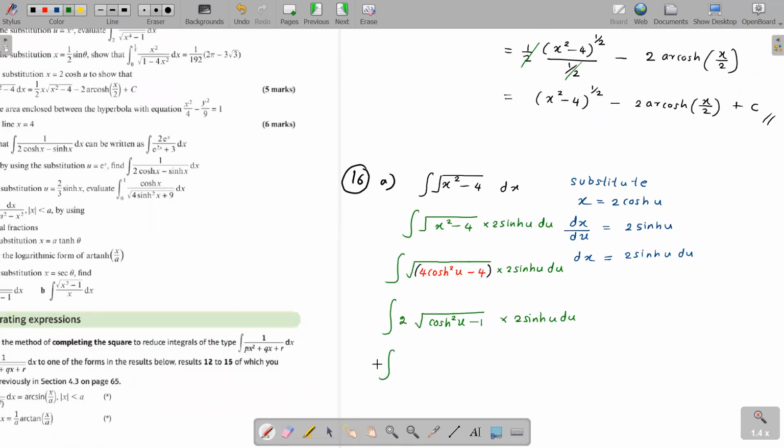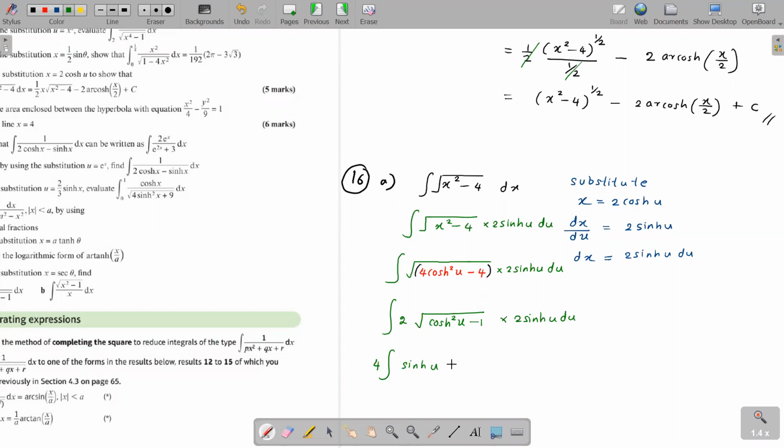So I end up getting here, the 4 comes in front. Sin u root cos square u minus 1. So then I take the 2 and 2 multiply to give me 4 sine u root cos square u minus 1. Who is cos square u minus 1? You know cos square u minus 1 is sine square u, right?